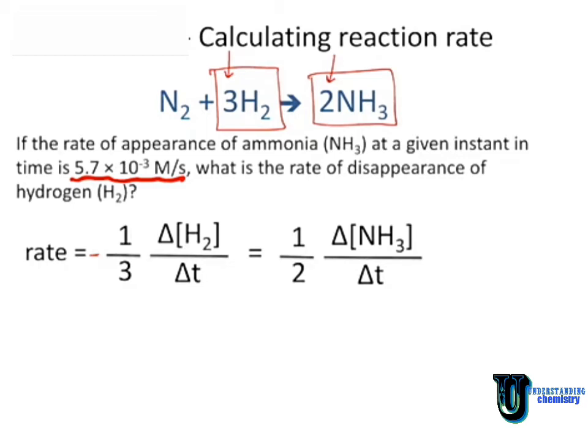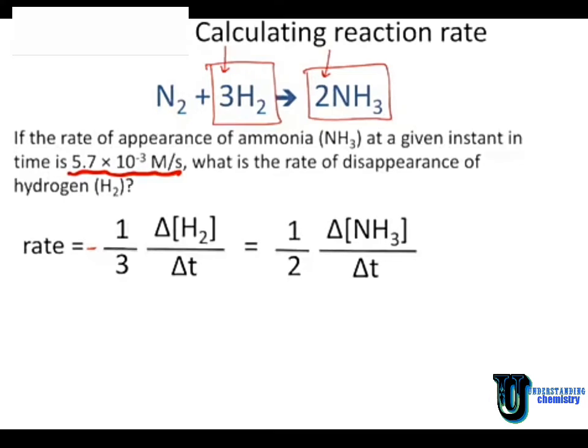Okay, so I know that the rate of the disappearance of hydrogen is related to the rate of the appearance of ammonia. So here's my rate of the disappearance of hydrogen multiplied by the inverse of its coefficient. I know that's going to be equal to the rate of the appearance of ammonia multiplied by the inverse of its coefficient.